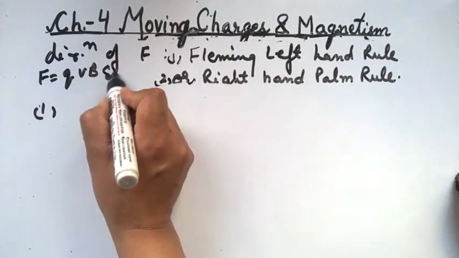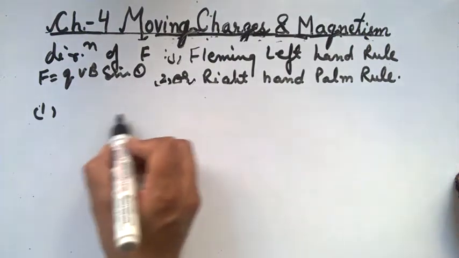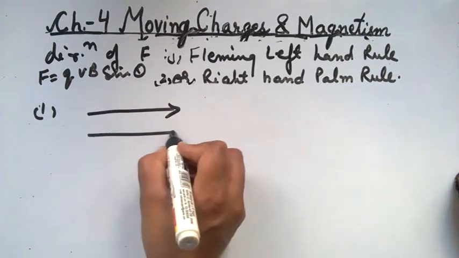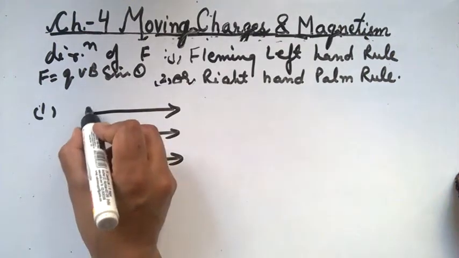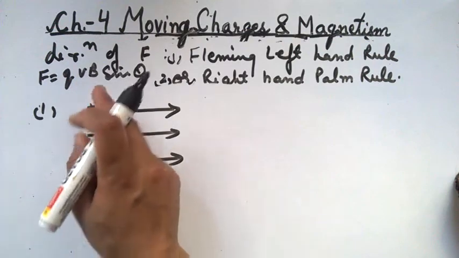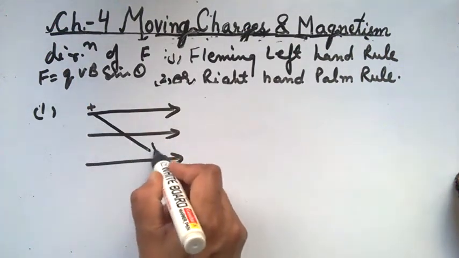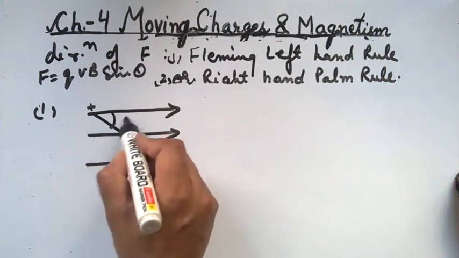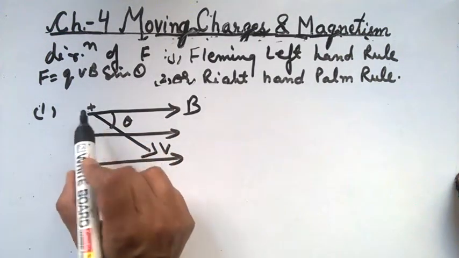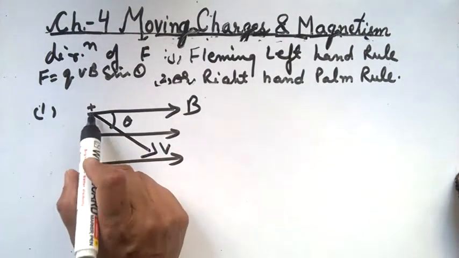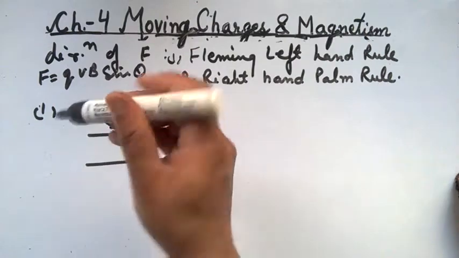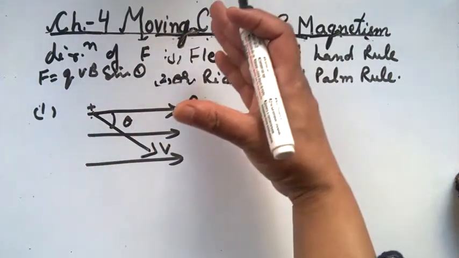Now in uniform magnetic field, let us suppose positive charge is placed and moving with velocity v. So what is the direction of force experienced by this positive charge? If it is moving with velocity v in magnetic field B, we know that in electrostatics we have studied that positive charge has direction radially outward.